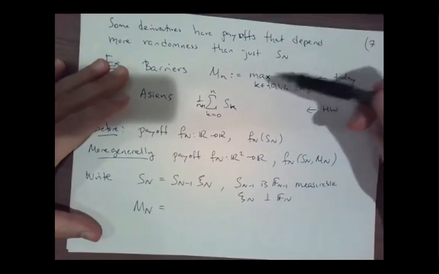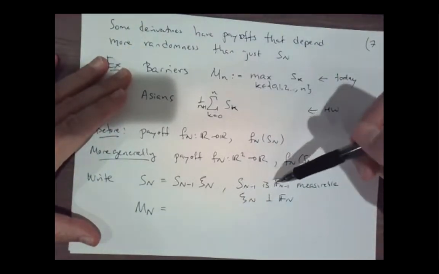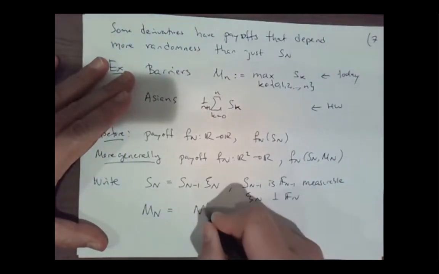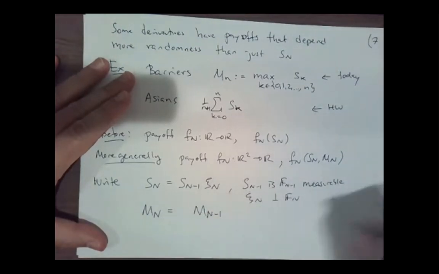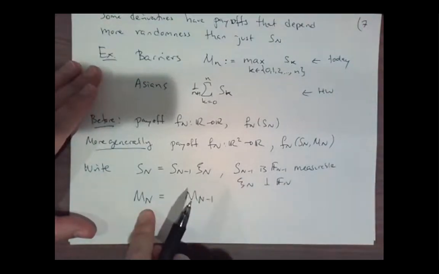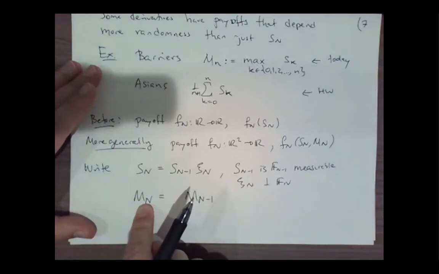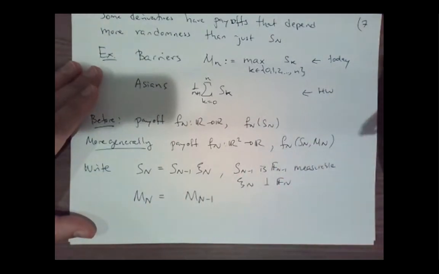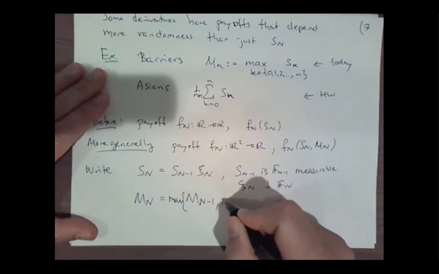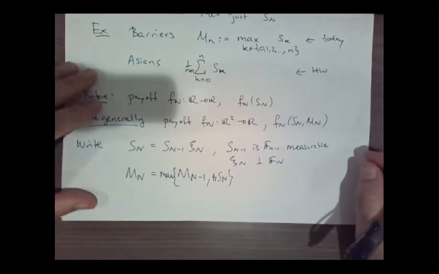I want to write it in terms of something measurable with respect to the previous time step, so I can write this as the maximum at time n minus 1. What else do I need to do to it? I want to get the maximum at time n. How do I get from the maximum at time n minus 1 to the maximum at time n? Take the max of M n minus 1 and Sn.